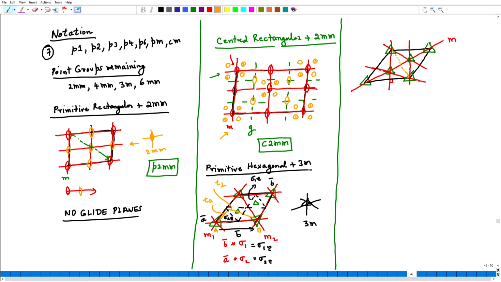For example, you could consider mirror M1 and you could consider mirror M2 and consider the following combinations.